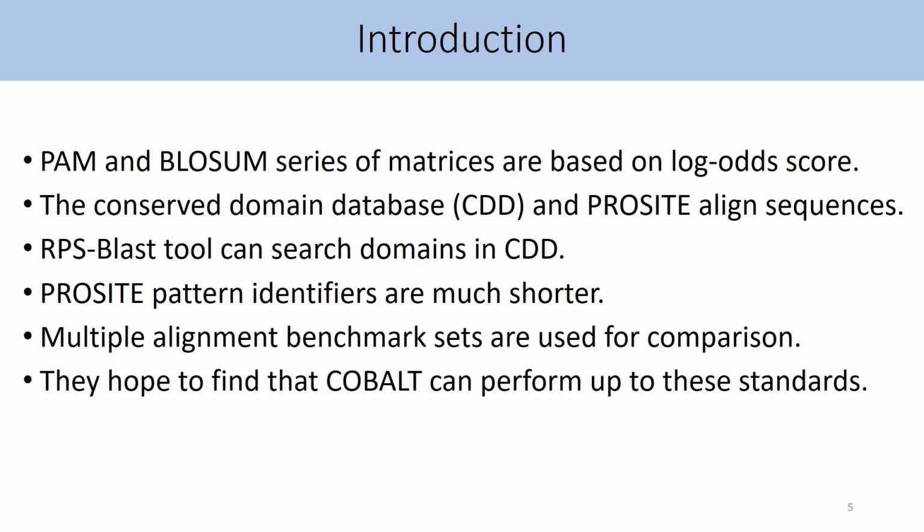ProSite pattern identifiers are much shorter, and in doing so, certain constraints need to be put on the sequence before ProSite can be useful. Multiple alignment benchmarks are set up for comparison in this experiment, and I will get to those a little bit later. Overall, they hope to find that Cobalt can perform up to the standard of the benchmarks.